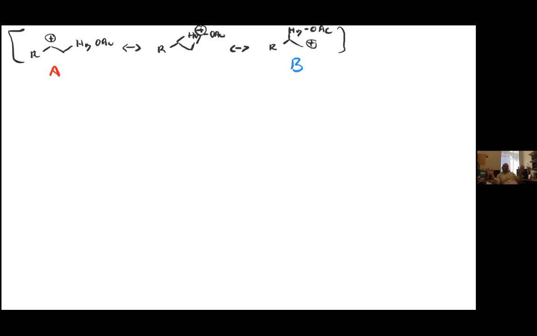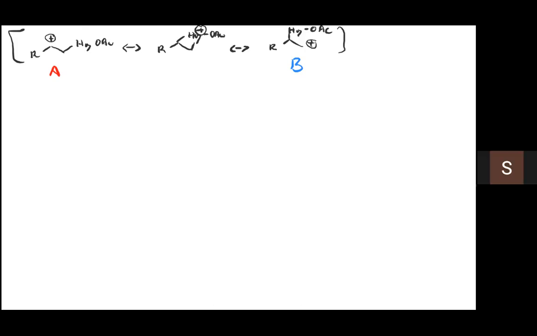But A and B play a role, and they show us that the carbons have positive character. And the reason I go through all this is because A and B are not equal, right? They do not contribute equally to the overall structure of the mercurinium ion. Does anyone want to venture a guess as to which structure is more significant?